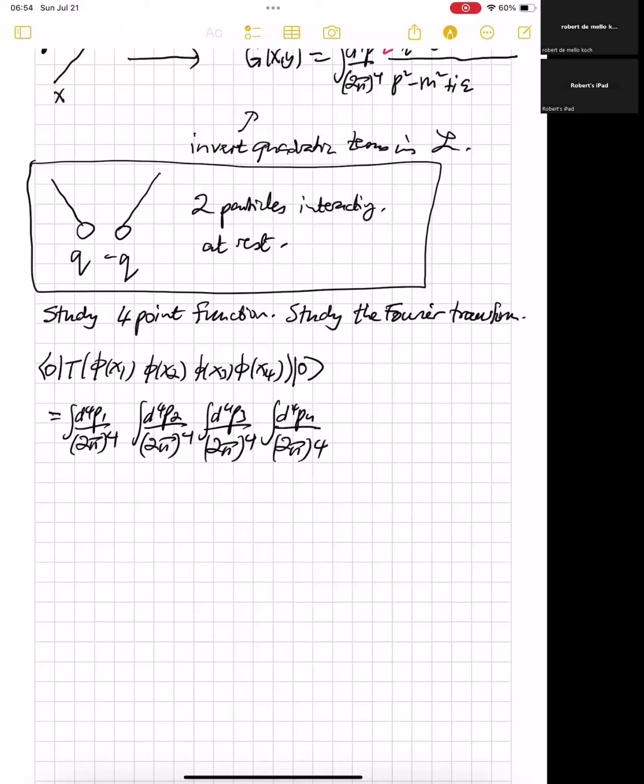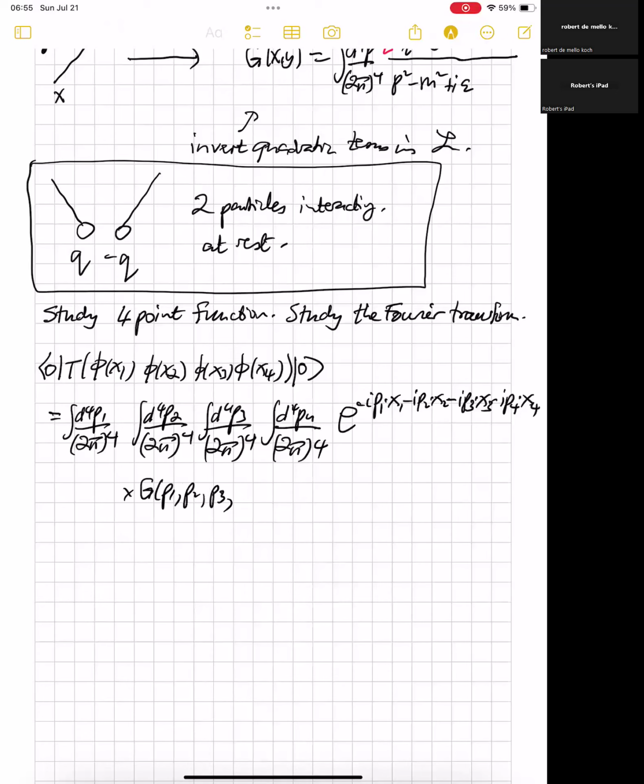And then we will have all of the exponentials. And then we will have a function of four variables.